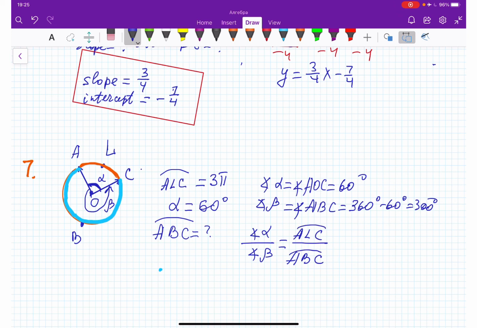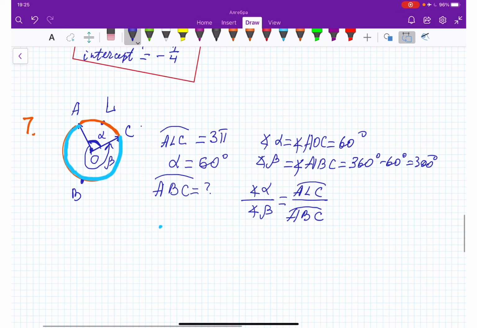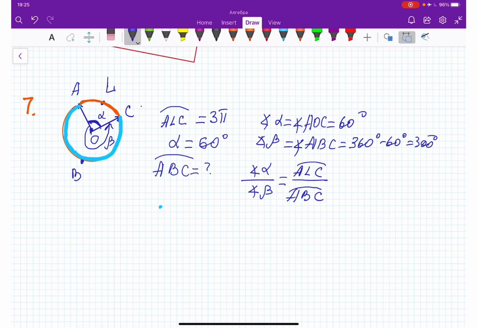This is the symbol of arc. Angle alpha is 60 degrees. Angle beta is 300 degrees. And what do we have? The arc ALC is equal to 3 pi. So ABC, we don't have it. We need to find it.